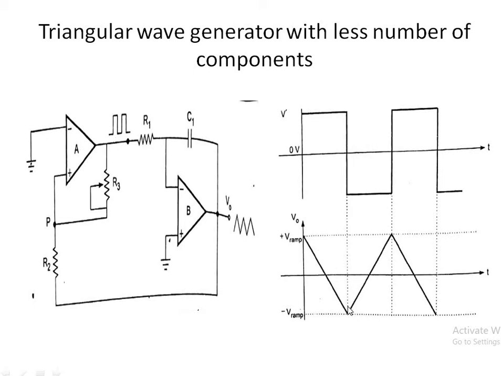So when the output reaches negative V ramp, the square wave shifts to negative V saturation. During negative V saturation, the current over here is negative V saturation divided by R1. As a result, we will get a rising ramp signal over here.